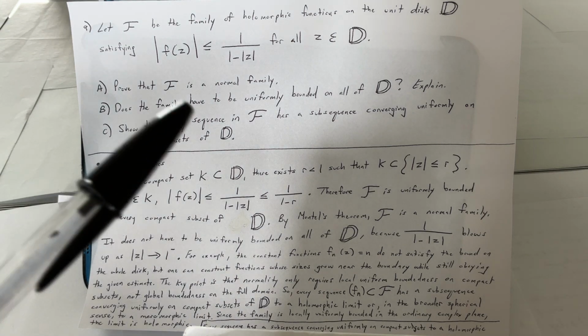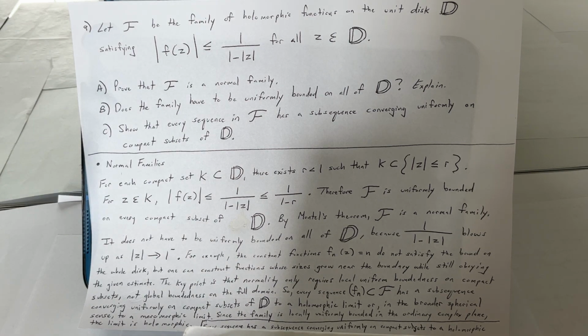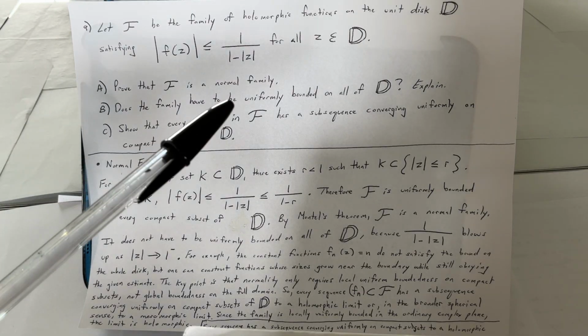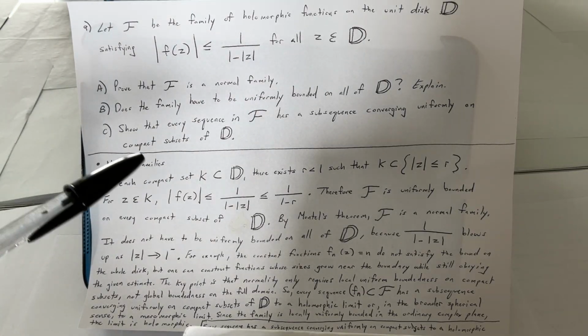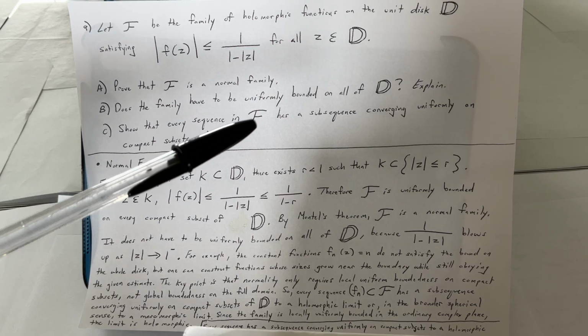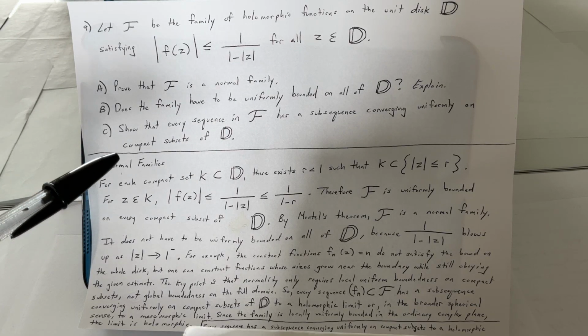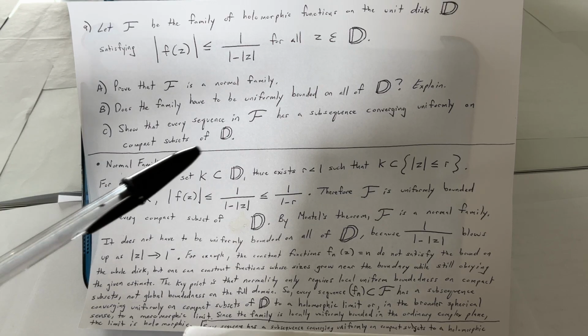Part B, does the family have to be uniformly bounded on all of the unit disk? Explain. And part C, show that every sequence in F has a subsequence converging uniformly on compact subsets of D.